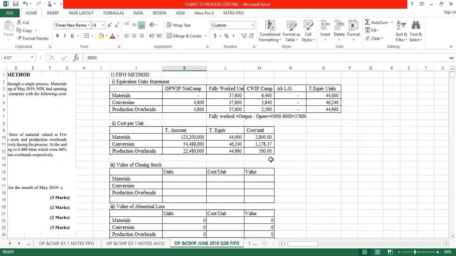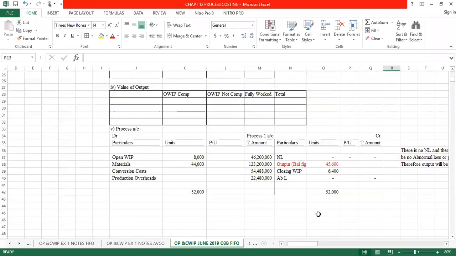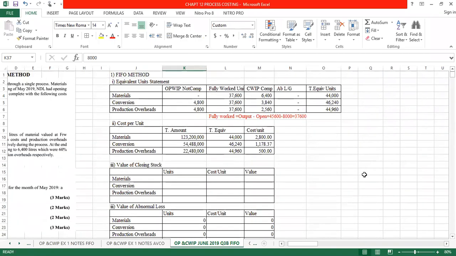And I've even put it there. That is how you get the fully worked. We use the process account. I hope you've understood me. Next.